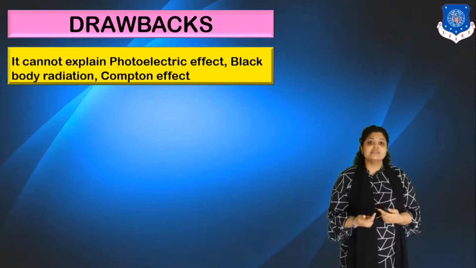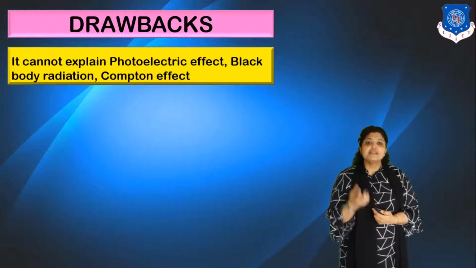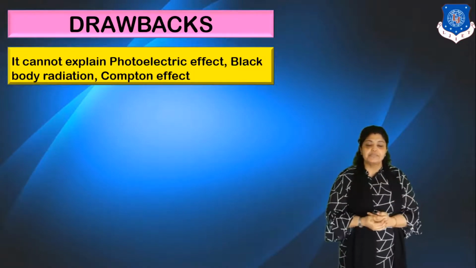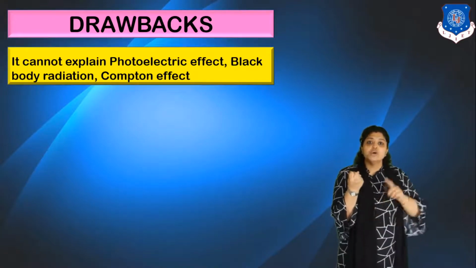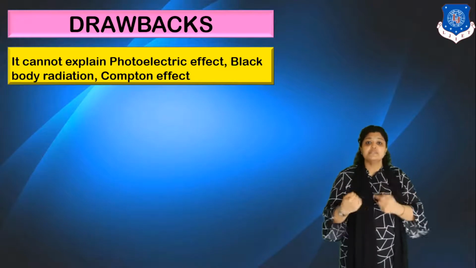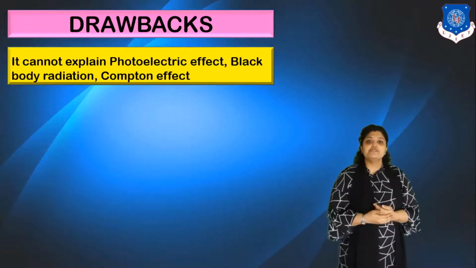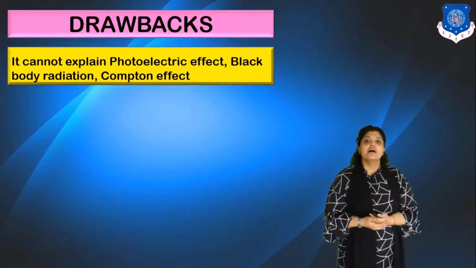Because all these effects deal with wave nature of electrons. Photoelectric effect is absorption of photons, that is light, and conversion into electricity. Black body radiation is a concept in which all the energy is absorbed. There is no reflection, 100% absorption. Example is a black hole. And then you have Compton effect, which deals with scattering of radiation like X-ray.